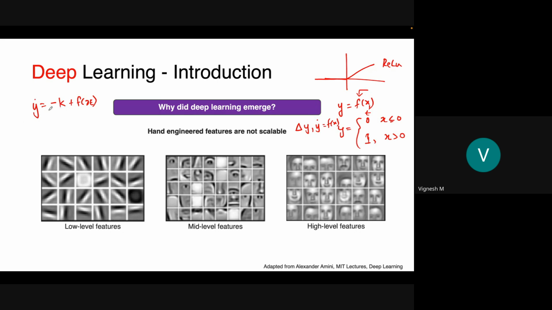I have some change in y as some function. If the function f of x is 0, then at steady state y will approach zero, for instance. So if you look at the dynamics of y as a function of time t, if I give no input, it will just decay off.